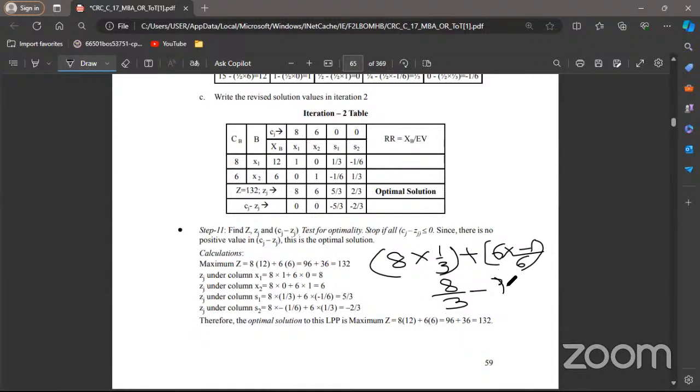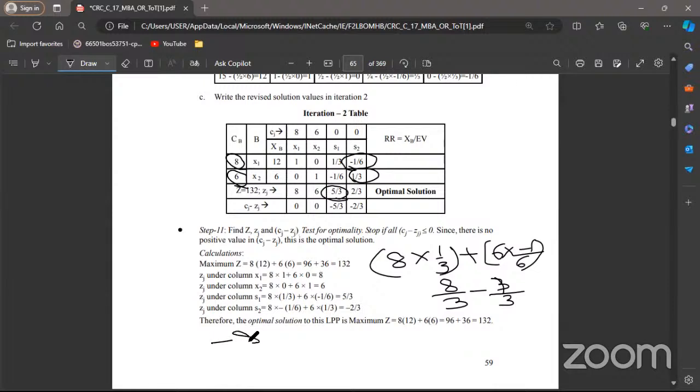See, this 1 I can write as 3 by 3. So 8 by 3 minus 3 by 3 is 5 by 3. Are you getting it? Zj is nothing but you have to multiply this and this, then add. That's all. 8 into minus 1 by 6 is how much?